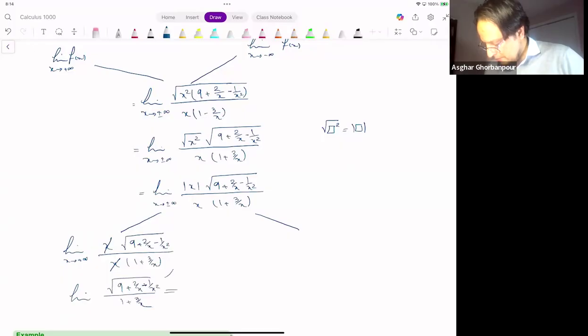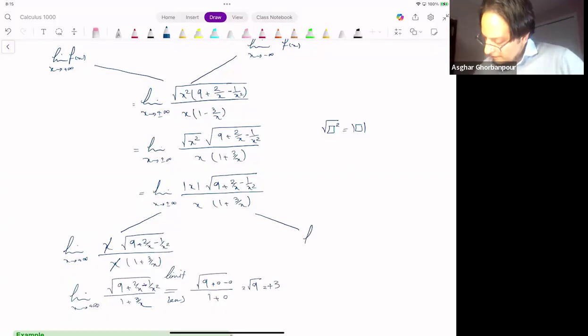Limit laws say that here it will be 9. The limit of 2 over x as x goes to plus infinity is 0. That other one is 0. This is 1. This is 0. So it will be root 9, which is plus 3.